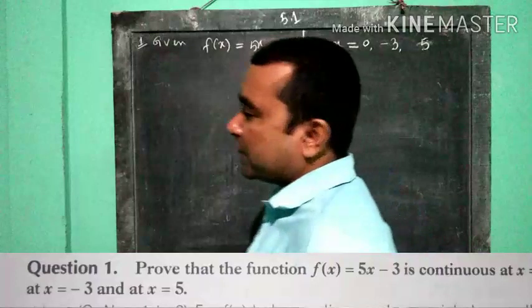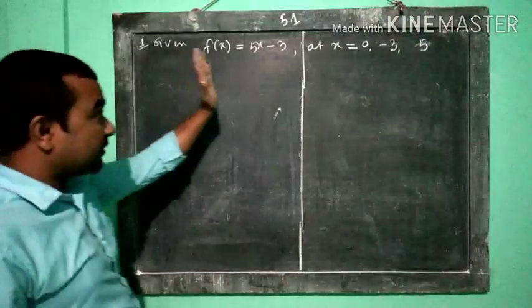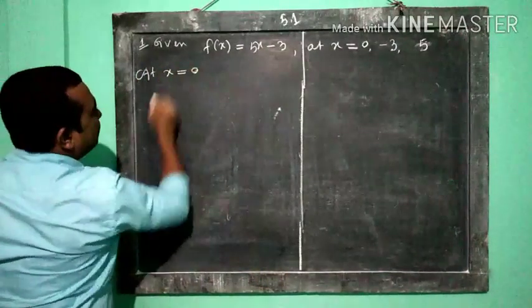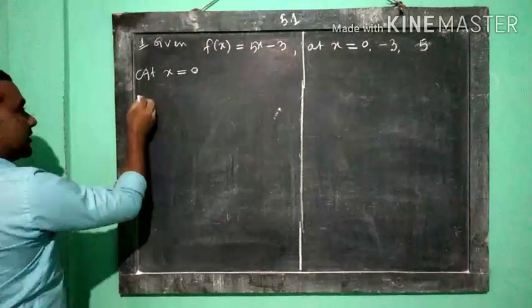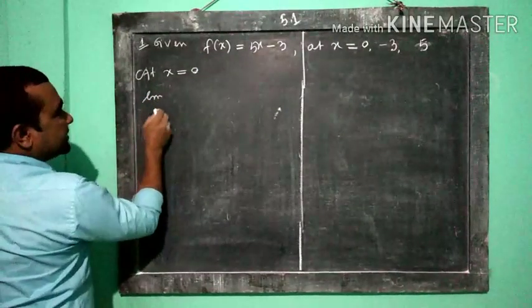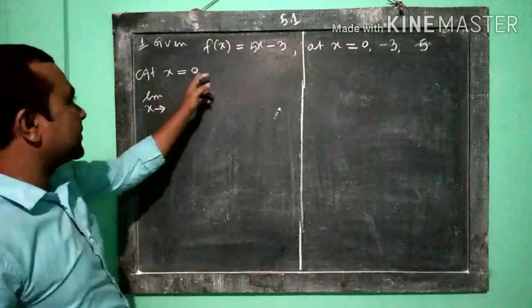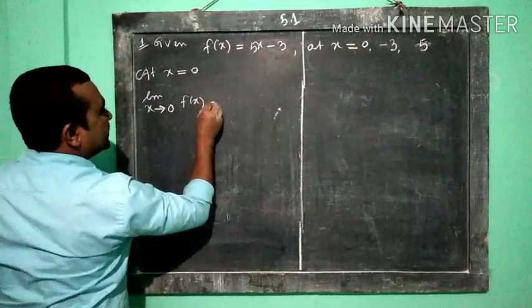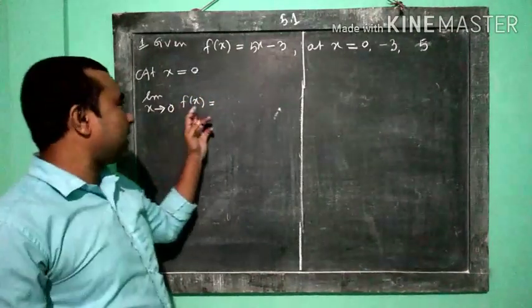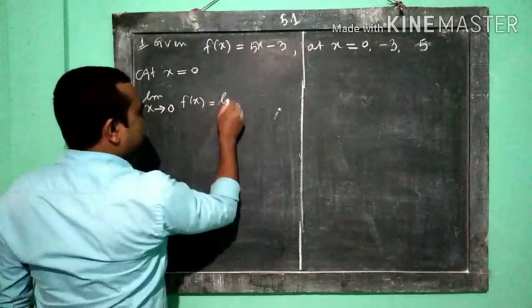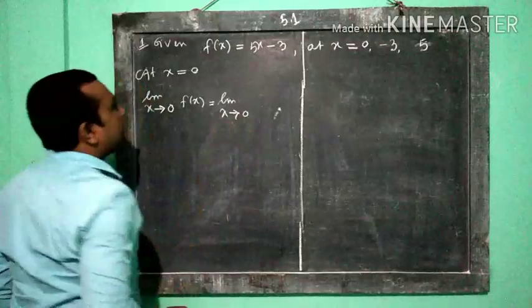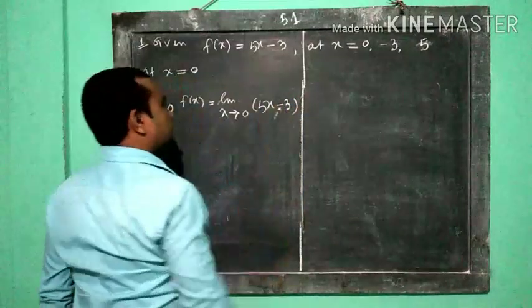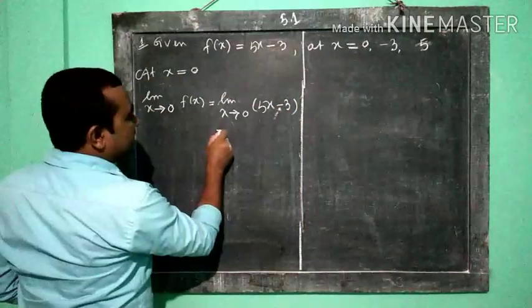Okay, so first of all we check at x = 0 whether this function is continuous or not. So first we write here, at x = 0, the limit as x tends to 0 of f(x). Here f(x) is 5x - 3.